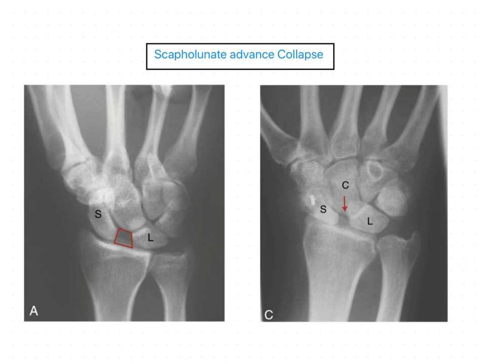If the dorsal intercalated segmental instability is not treated properly, it is going to lead to scapholunate advanced collapse.